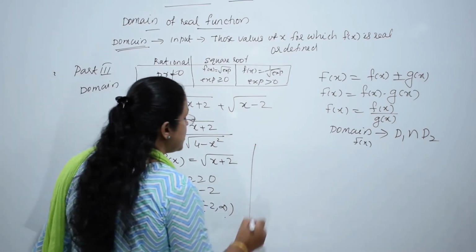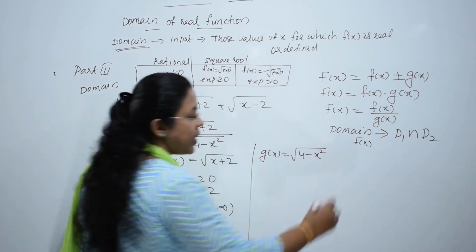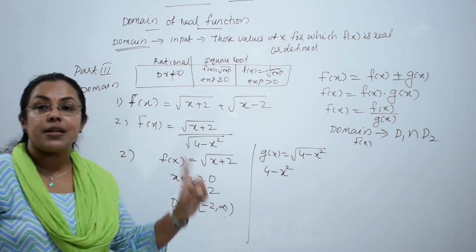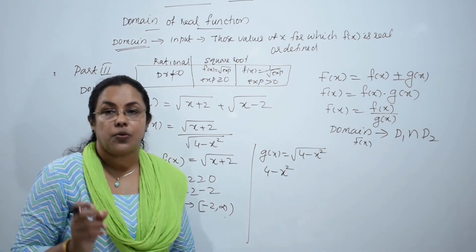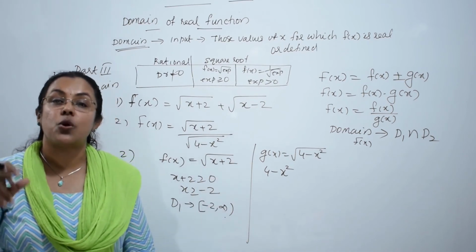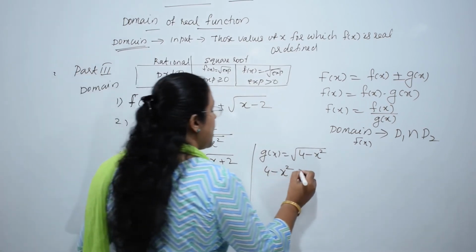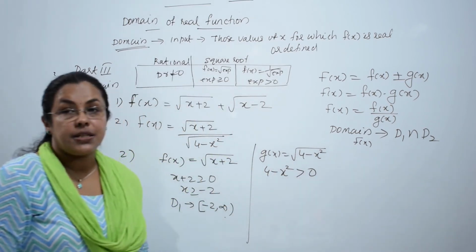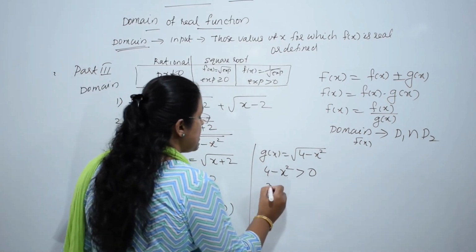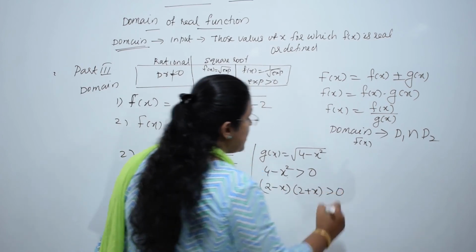Now what about the domain of g(x)? √(4 − x²). 4 − x² is greater than or equal to 0, or greater than 0. What is the condition? Since it is in the denominator, the condition is only greater than 0. We have to consider both the conditions. So 4 − x² is only greater than 0. Now, this is a² − b² form: (2 − x)(2 + x) > 0.